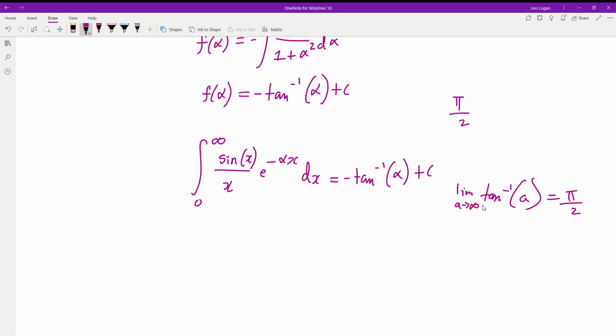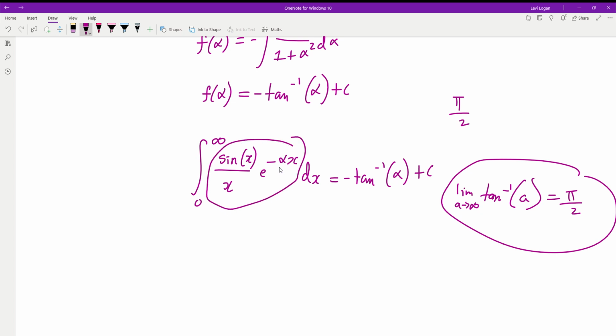Now, if you put in infinity in here, not only does this give a numerical value, but this also makes this entire thing equal to 0, because you're going to have sine x over x divided by a really large number, so you're going to have 0 on this side of the integral, and if it gives you a numerical value over here, then you can rearrange and work out what c is.